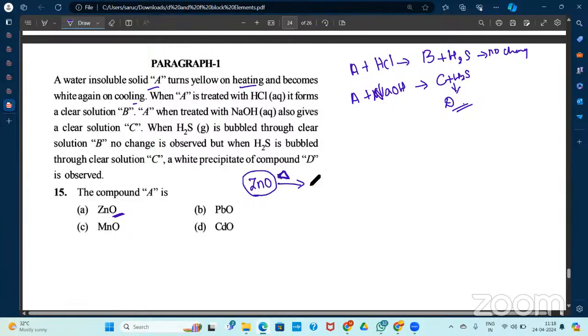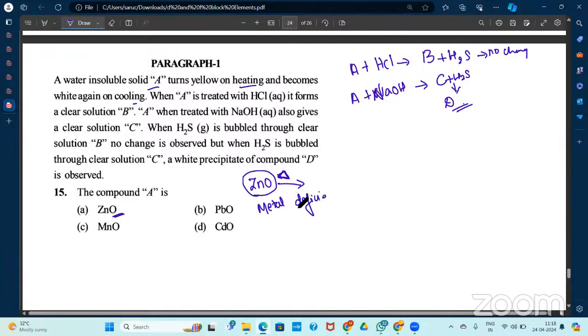Will it give color on heating? What effect will it undergo? It will undergo the metal deficiency defect.